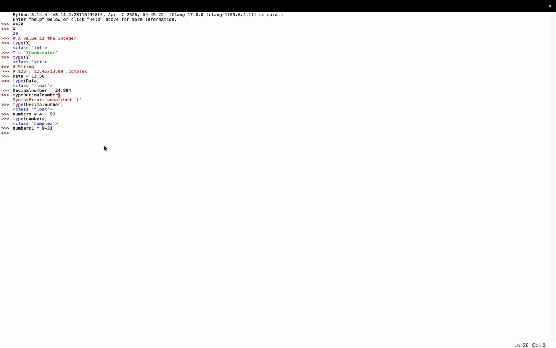Now you can just write type and write numbers1, close the bracket and enter. Automatically it is coming complex. It is a complex number.